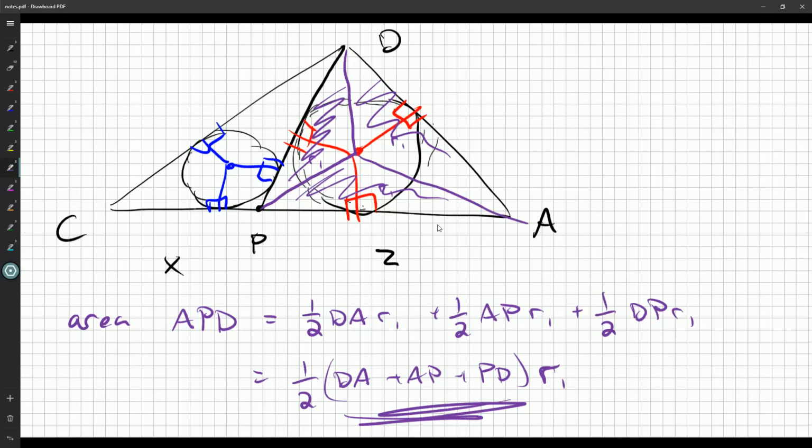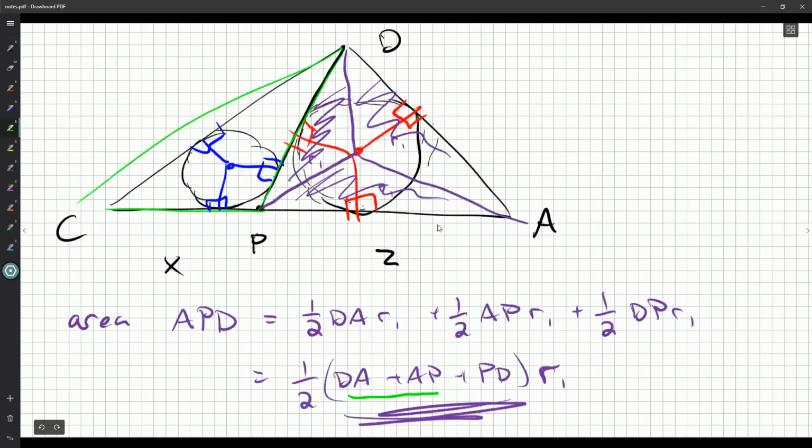Now, notice also, what have we got in here? We'll use green. DA plus AP, we just in part A said that this is the same as DC plus CP, and there's going to be a DC and a CP in this triangle over here. Plus a PD, but that's going to be common to both of them.